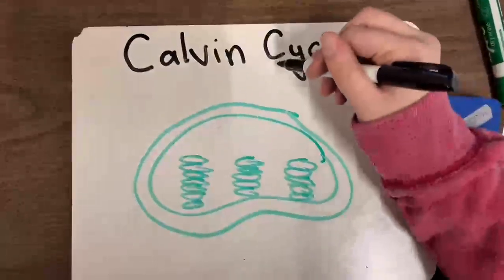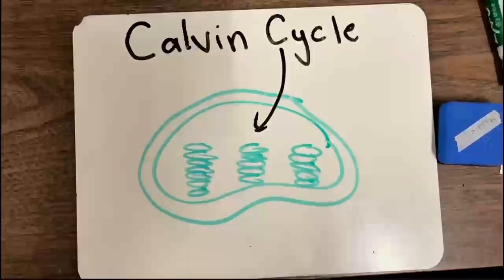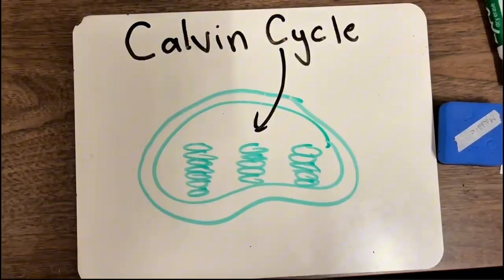The Calvin cycle occurs in the stroma of the chloroplast, outside of the thylakoid membrane. This is because it is a light-independent reaction and does not require sunlight.